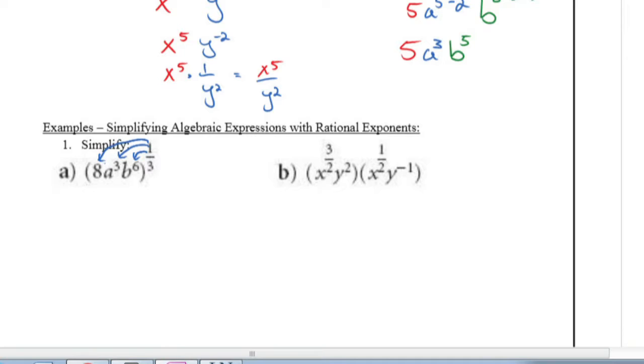And remember, next to the 8, although there is nothing there, there's always a 1. So I'm going to end up with 8 to the power of 1 over 3, 3 times 1 over 3 for my a, and b is going to give me 6 times 1 over 3.